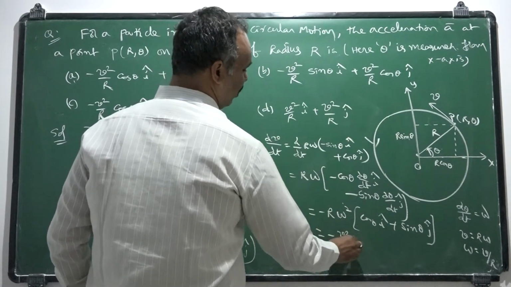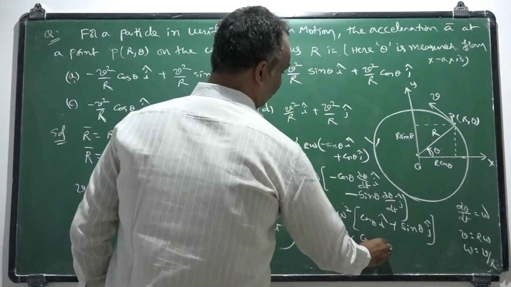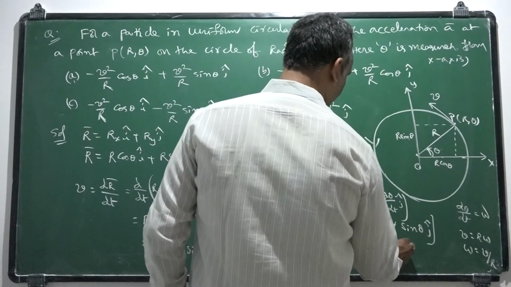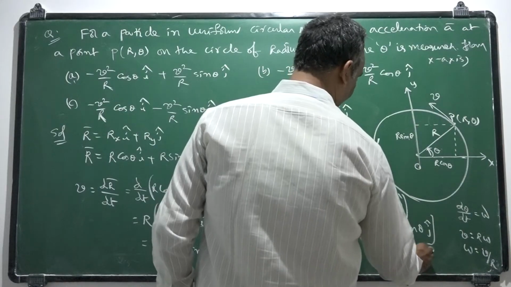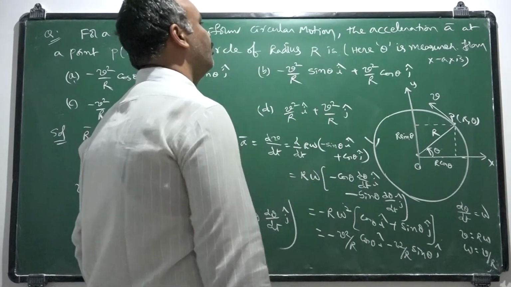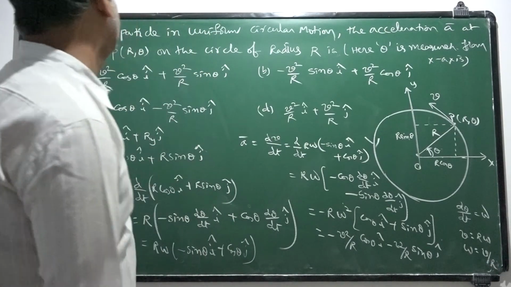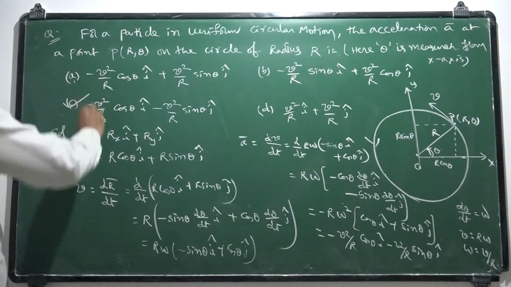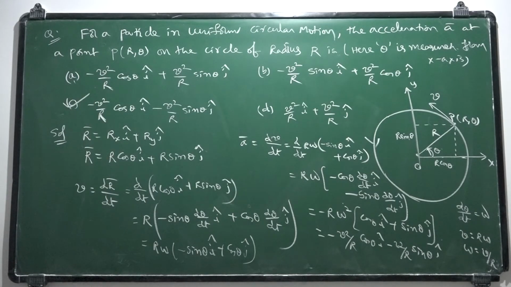So minus v square by r cos theta i cap minus v square by r sin theta j cap. So the acceleration of the particle is given by minus v square by r cos theta i cap minus v square by r sin theta j cap. So this is the required answer. I hope everybody understood this.